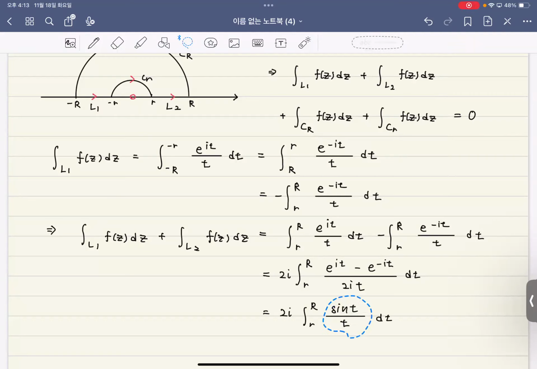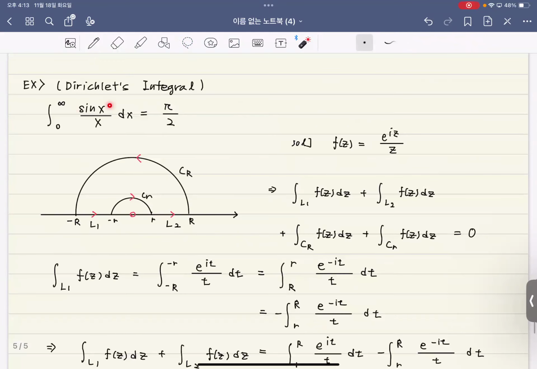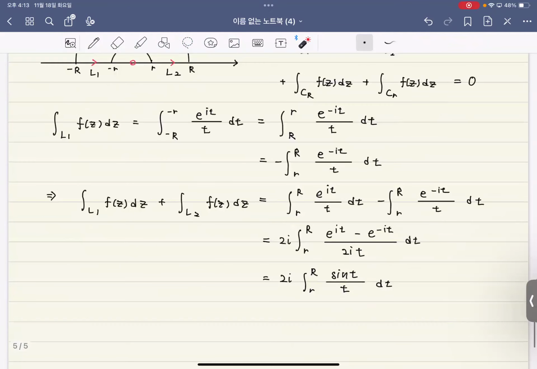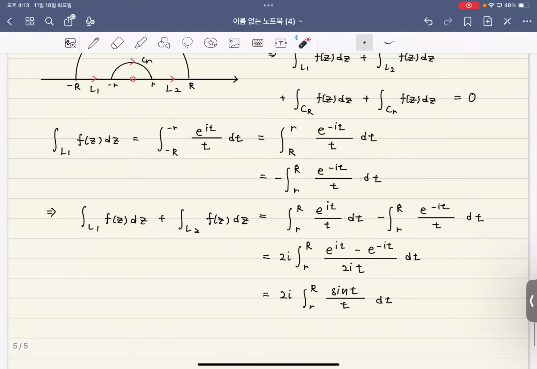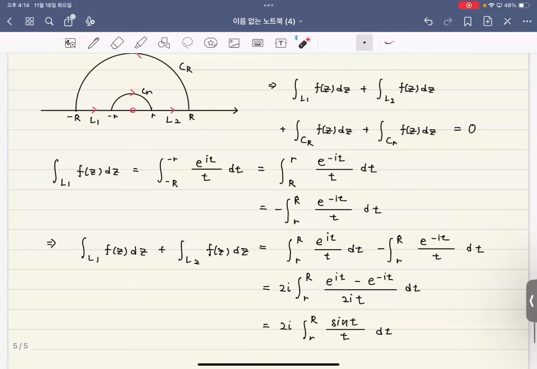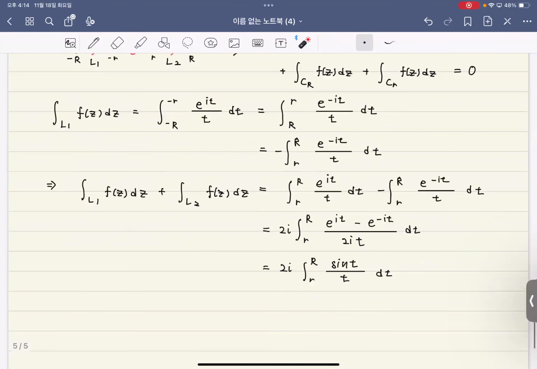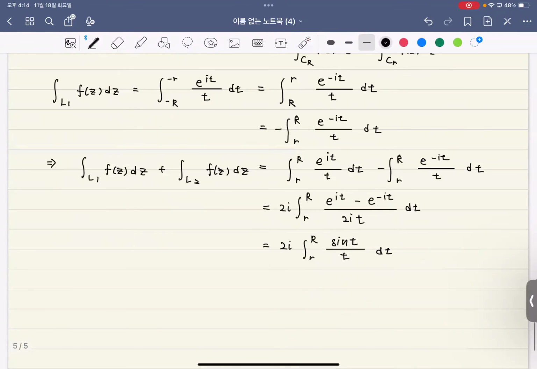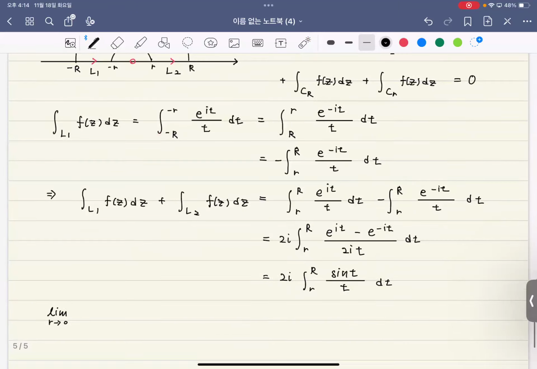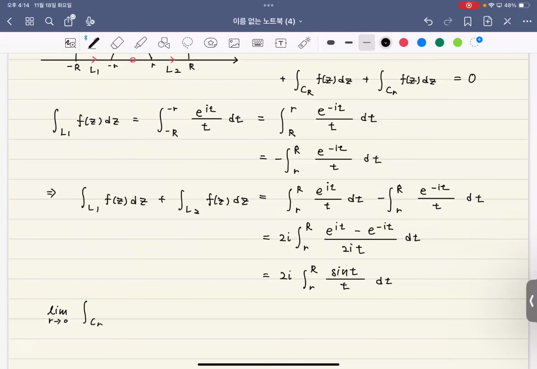This is also very interesting because now this number coincides with this integrand function. And if I send R to infinity and small r to 0, then this number will tend to Dirichlet's integral. Okay, so I want to set r to 0 of the integral over C_r of f of z dz.